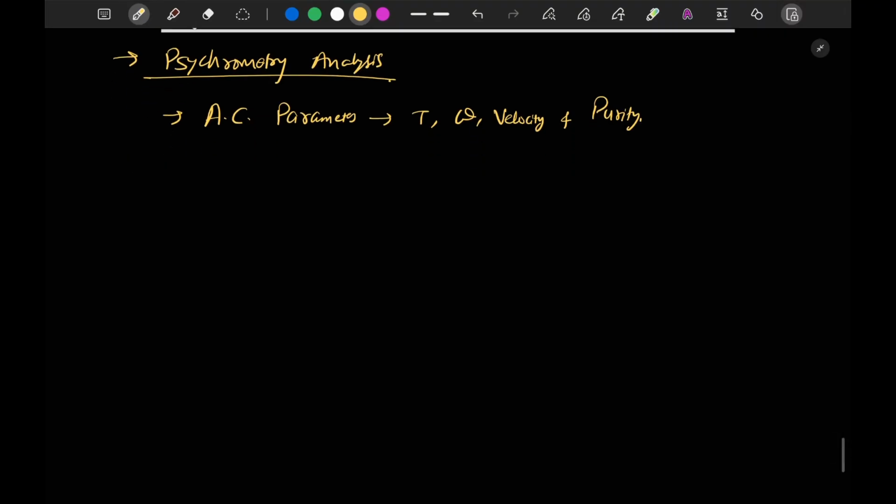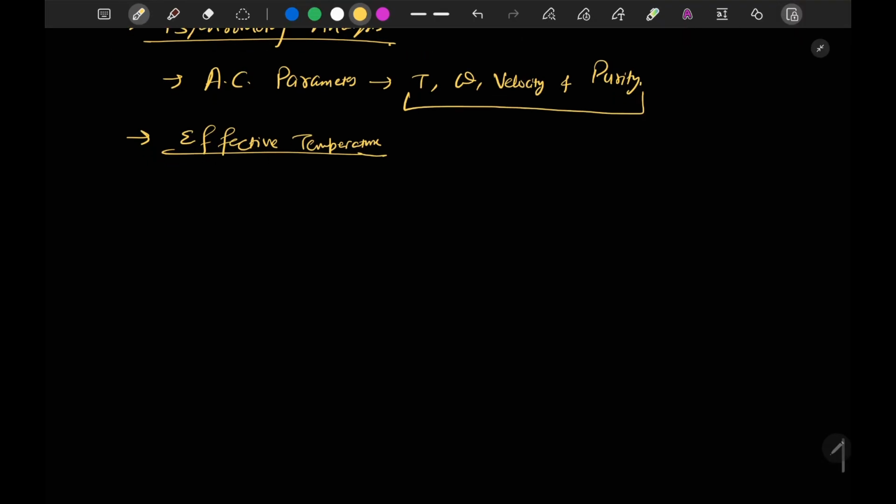After this we have seen that to maintain these four parameters, we have defined the effective special parameter, that is effective temperature. Effective temperature is the temperature at which all living beings feel the same level of comfort. After studying effective temperature, we studied the factors affecting effective temperature.